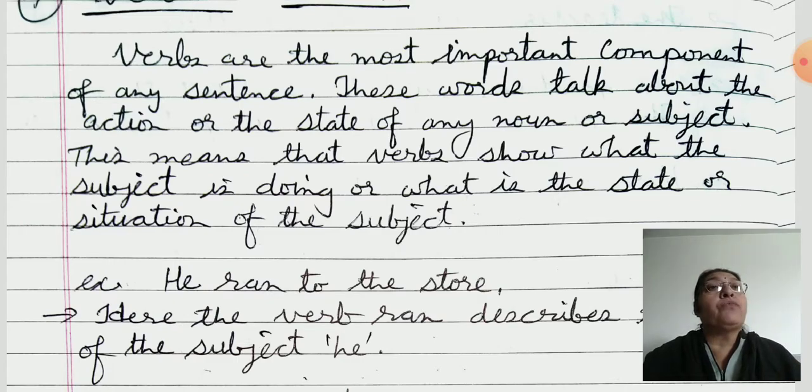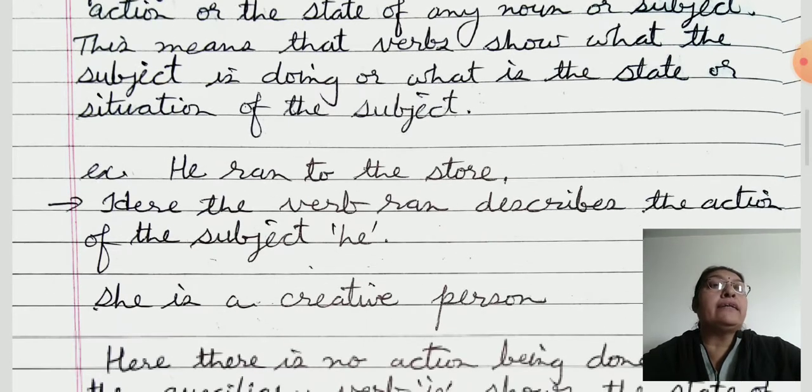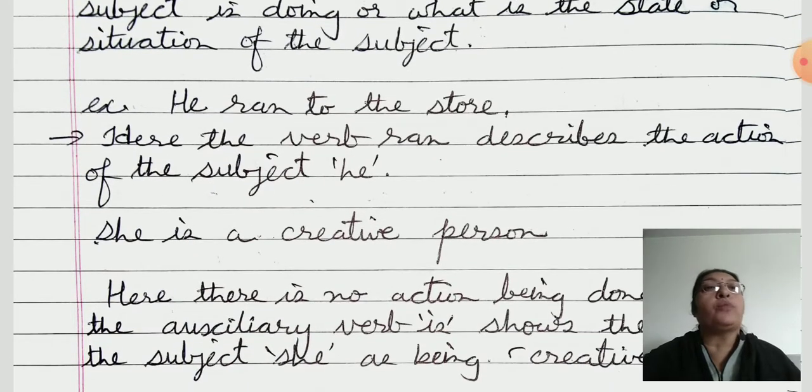This means that verbs show what the subject is doing or what is the state or situation of the subject. Here example they given, he ran to the store. Here the verb ran describes the action of the subject he. Who ran? Then he. Okay? Here the verb ran, run past tense, ran, describes the action of the subject he.